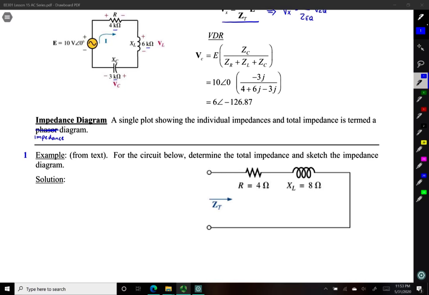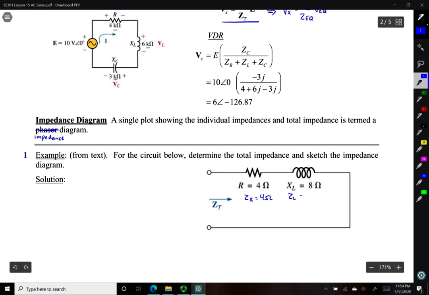So for here, in example 1, we have a very simple series of elements, and we're asked to find the total impedance for it. So for this step, I'm going to rewrite it as Z of R, which is equal to 4 ohms, and Z of L, which is equal to j8 ohms. And Z total just becomes the vector sum of these quantities.